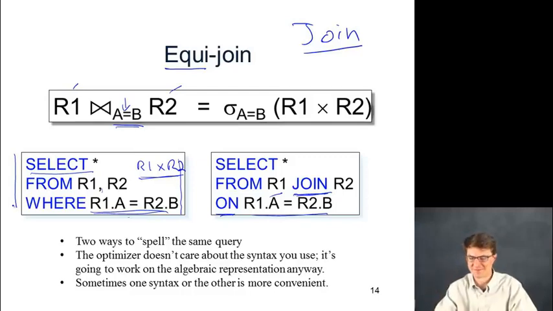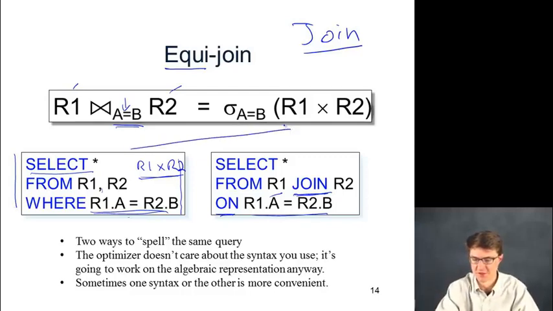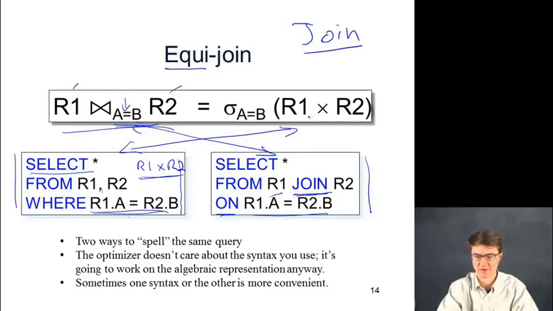Okay. In fact, I think I did us a disservice here by doing this on left and right. This is actually kind of a nice example. This is the SQL equivalent of writing join, and this is the SQL equivalent of writing cross product followed by a selection, right? They're the same.